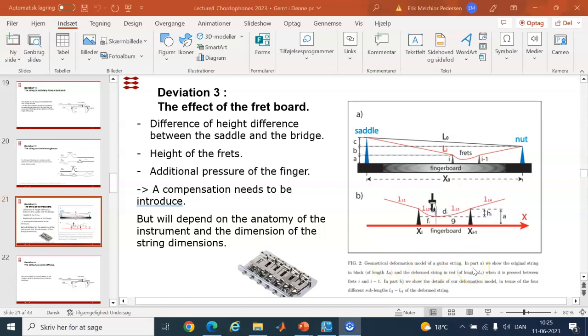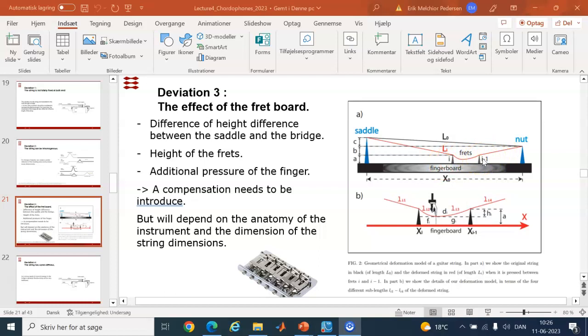In part A, we show the original string in black of length L0, and the deformed string in red of length L, when it is pressed between frets i and i minus 1.